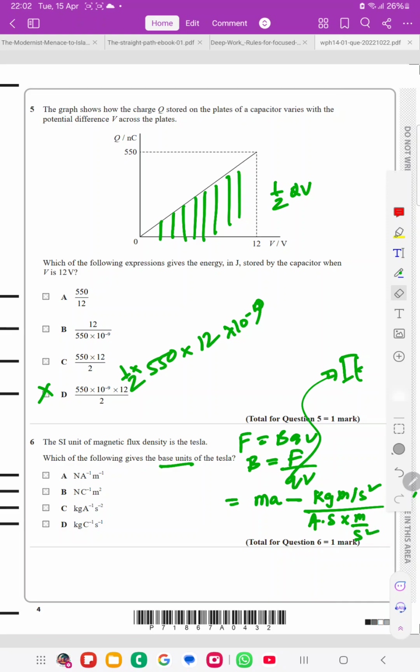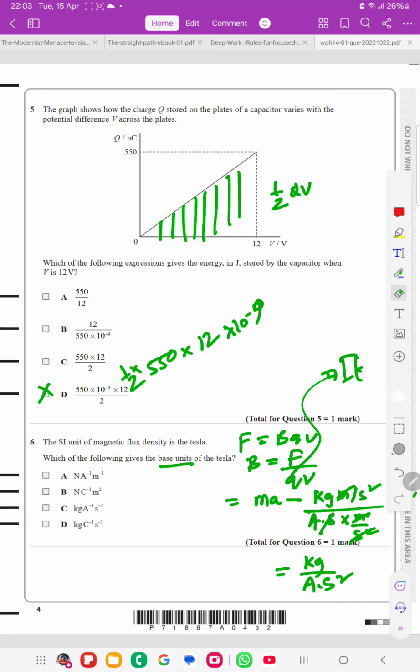Meter per second. So if this is meter per second, then the meter will cancel out, and what remains is kg over ampere into second squared. That's because the acceleration was meter per second squared, so it goes to the denominator.